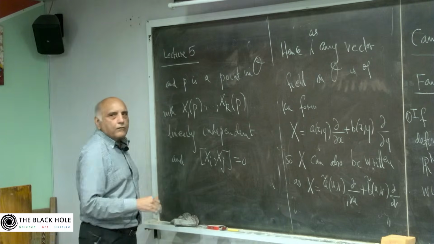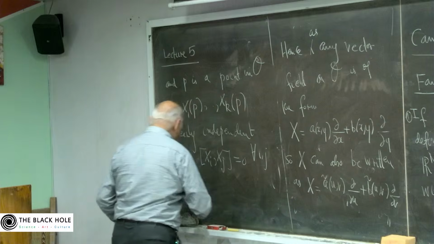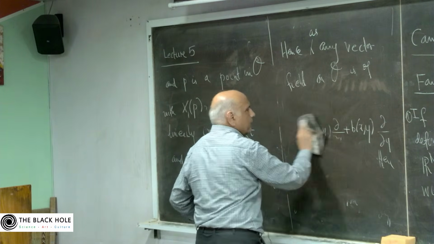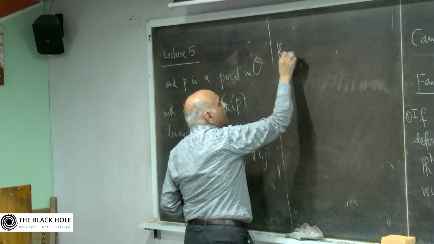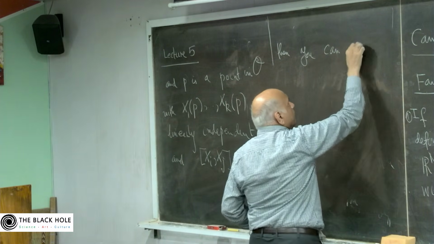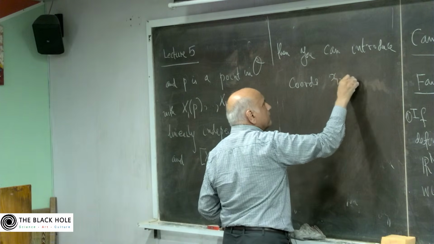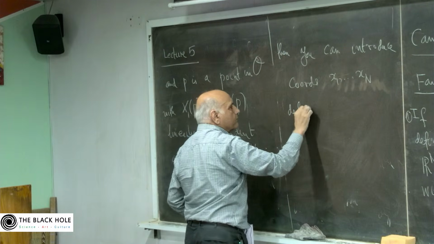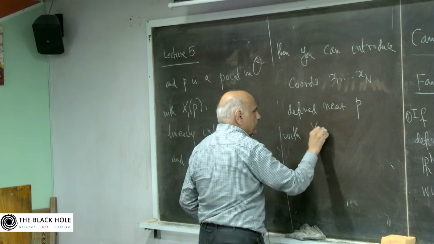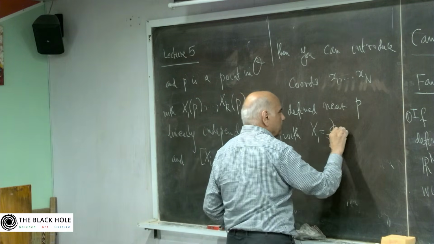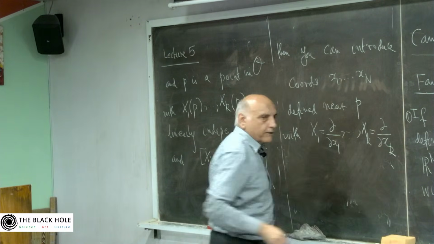We know that Xi bracket Xi is 0 in any case, but if Xi bracket Xj is 0 for all i, j, then you can introduce coordinates x1 up to xn defined near P with X1 equal to partial by partial x1 and so on, Xk equal to partial by partial xk.